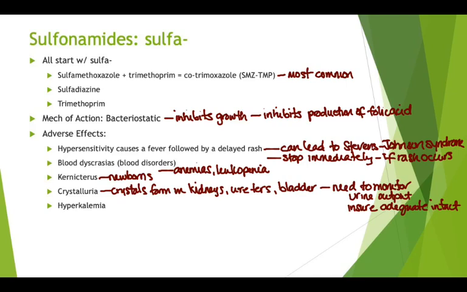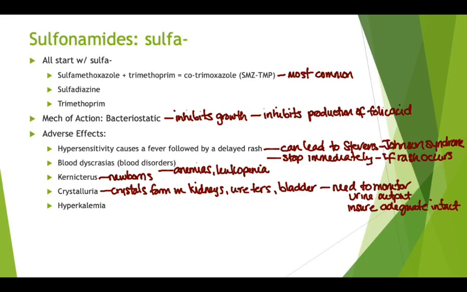All together, it's different types of sulfa drugs, or a combination of sulfa with other classes, and that's your Bactrim. It's your most common. Then your sulfadiazine and your trimethoprim.